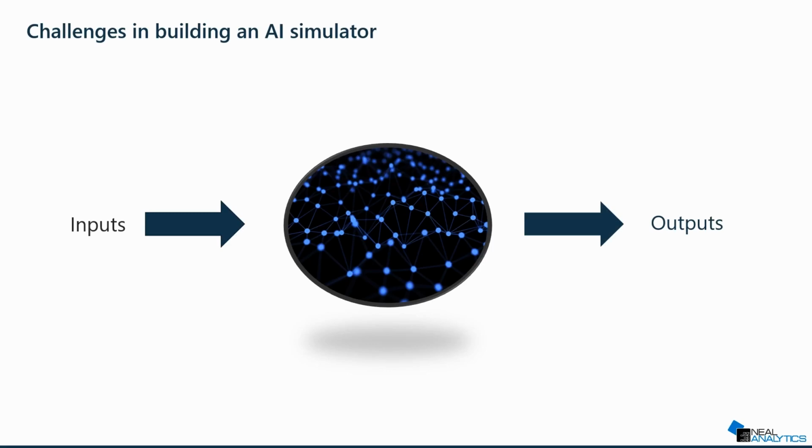For autonomous systems, thanks to the machine teaching approach, we'll be leveraging the expertise of operators, process engineers, and R&D engineers to define what are the relevant inputs and outputs that this simulator should support.